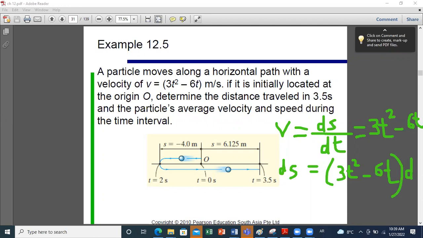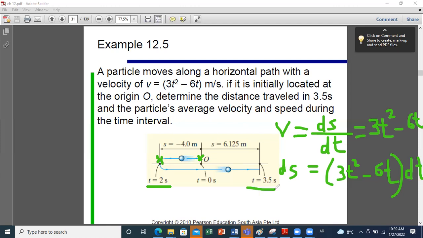And now I will integrate between the desired times. As we said, I am interested in getting the position S at 2 seconds. If you want, let us find the general equation, and then we replace t by 2 seconds and t by 3.5 seconds.